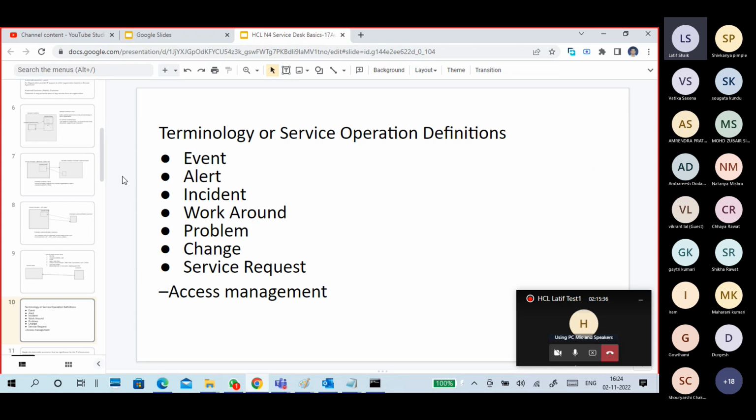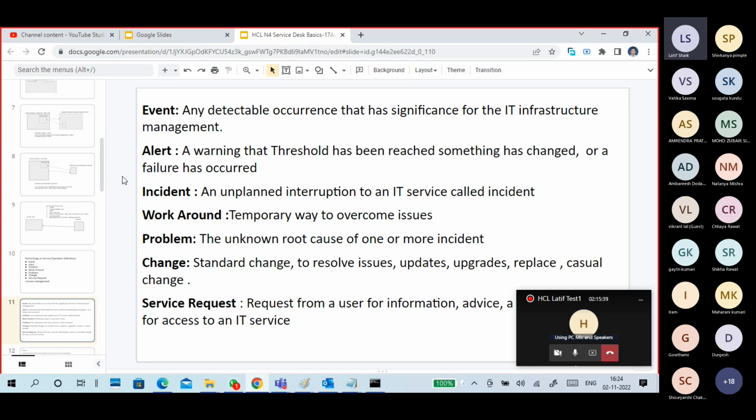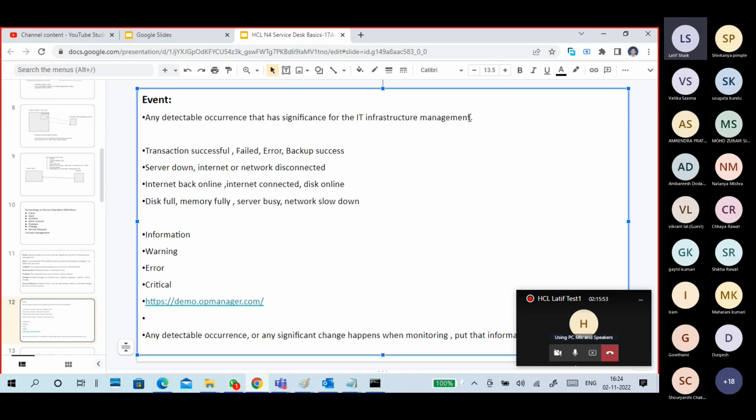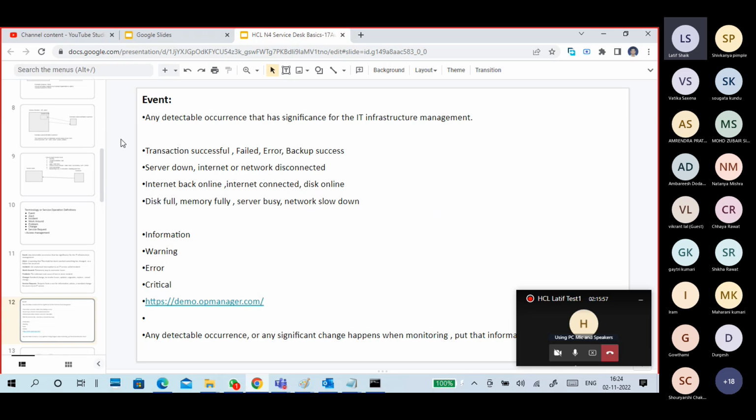So what are the things that come to the service desk? Different terminologies we are dealing with: event, alert, incident, workaround, problem, changes, service request. An event is any detectable occurrence that's significant for the IT infrastructure. You are monitoring your infrastructure.